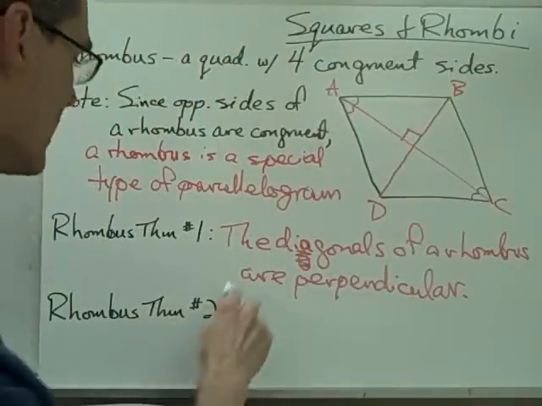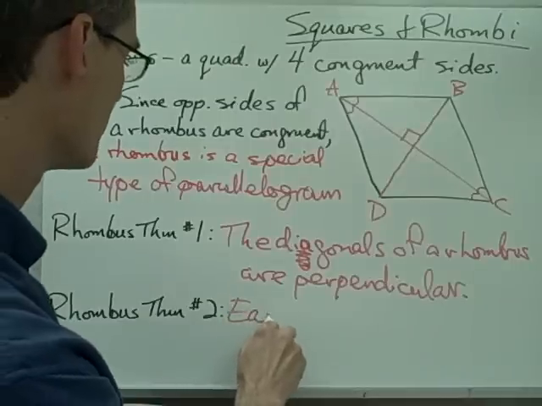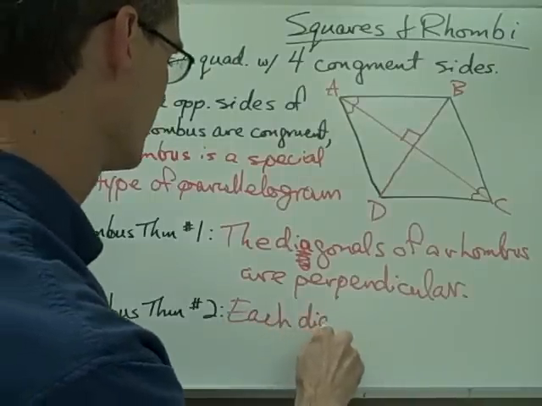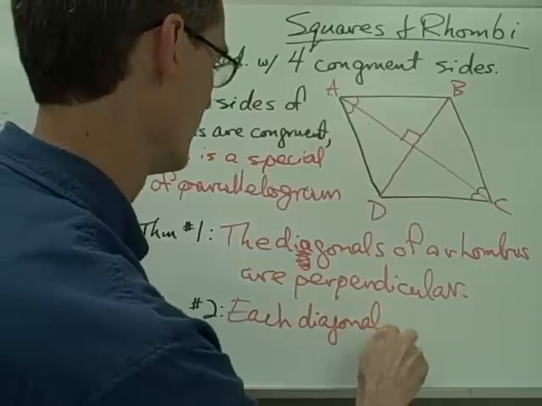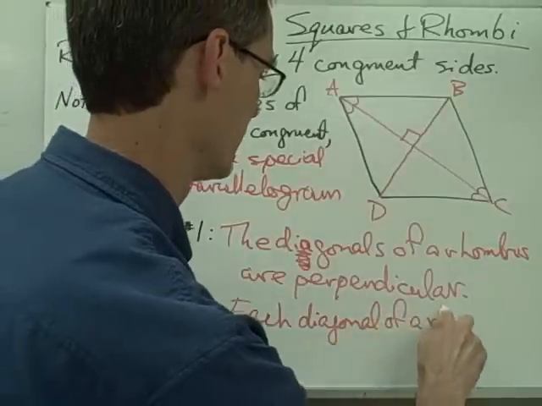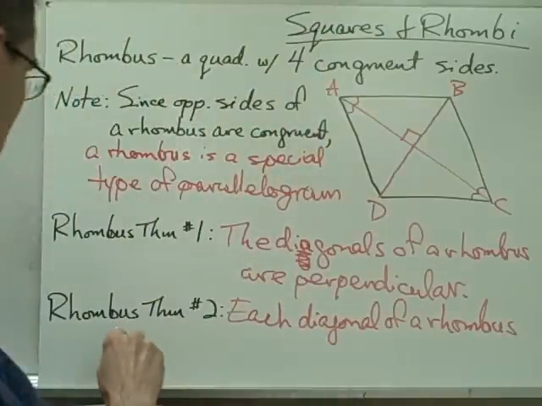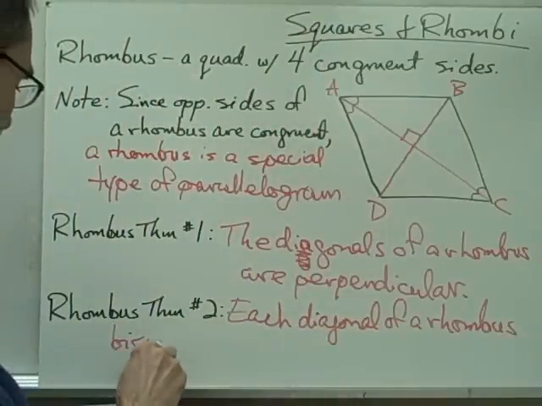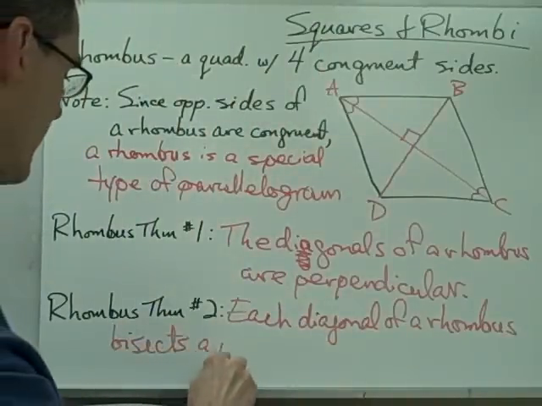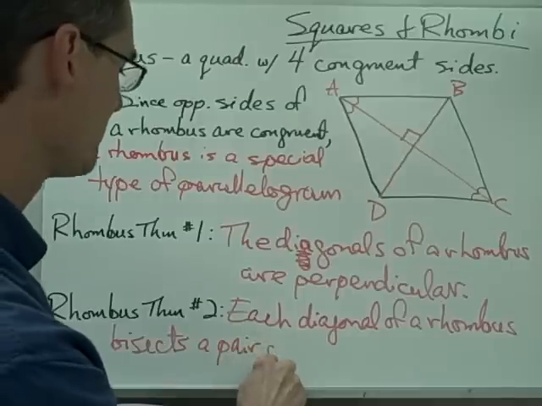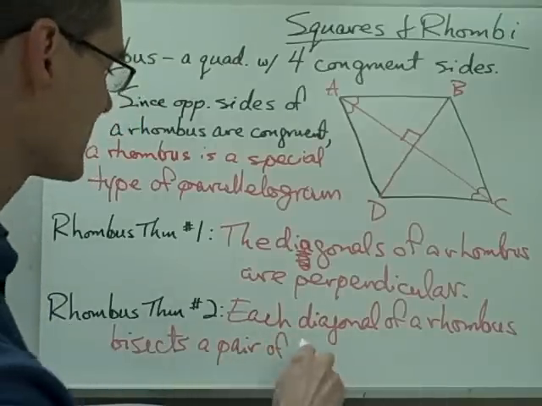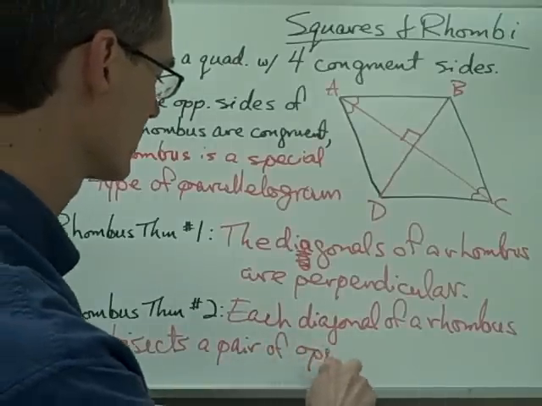So we're going to say each diagonal of a rhombus bisects a pair of opposite angles.